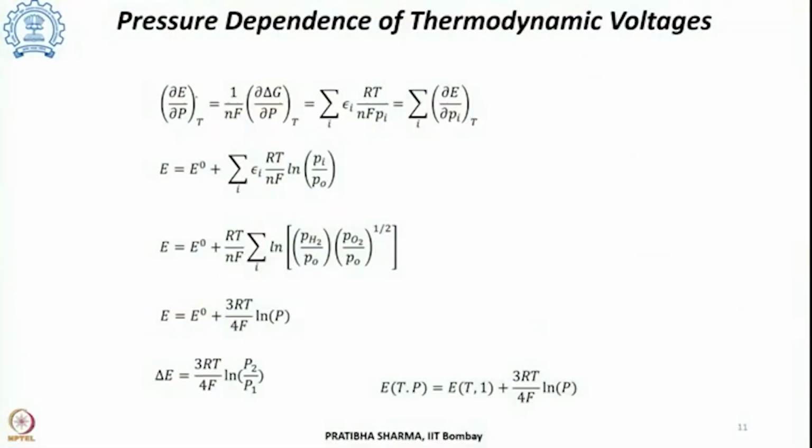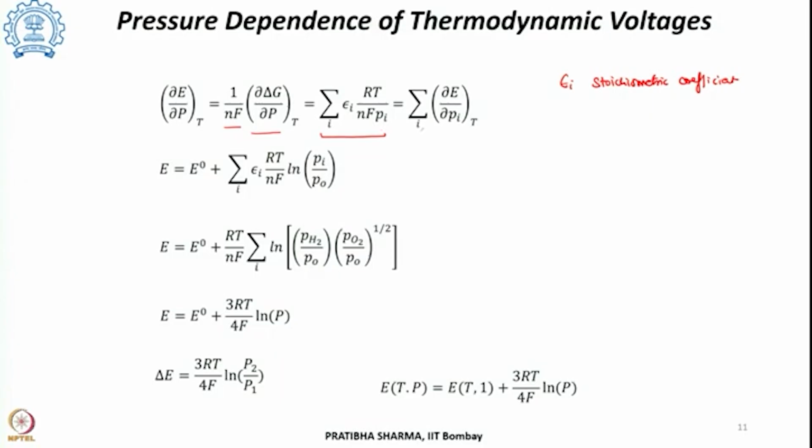Now if we also see the pressure dependence of the thermodynamic voltage, then del E upon del P, that is the thermodynamic voltage variation with pressure at a constant temperature, is given by 1 upon nF del of delta G upon del P, and this can be written in terms of the stoichiometric coefficient epsilon i, RT upon nF into pressure of species i, whether it is hydrogen or oxygen.